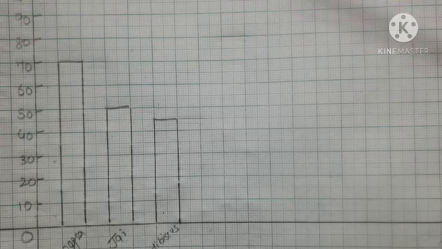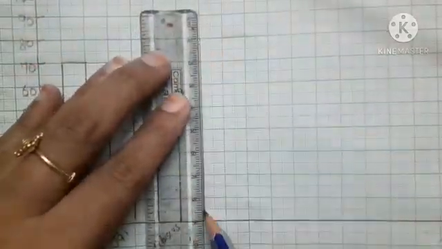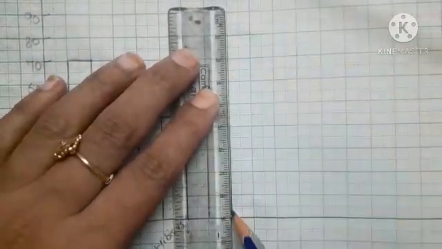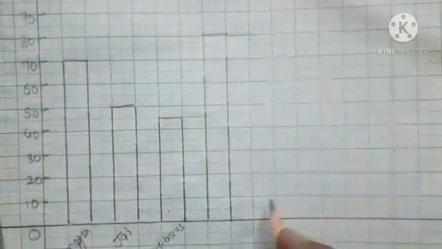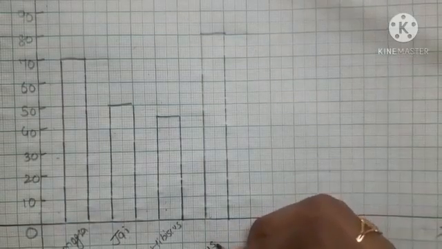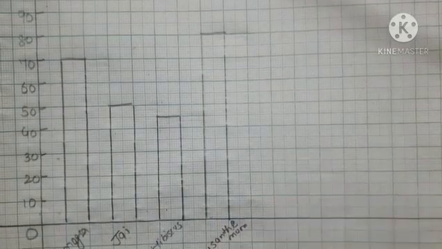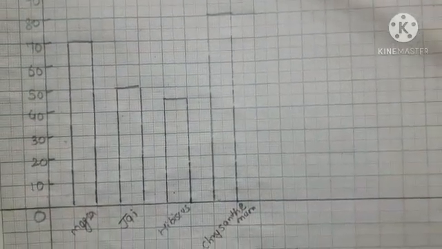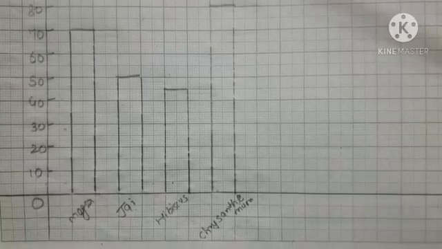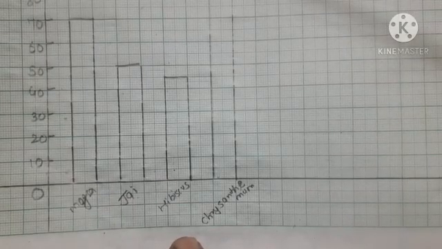It has number 80, so I will draw the bar till number 80. So here I have drawn the bar. I will write the name here, Chrysanthemum. Now children, we have finished drawing the bars. Now we will name the bar graph.